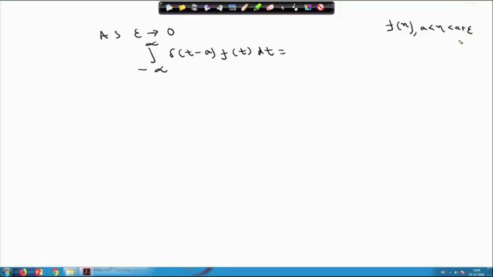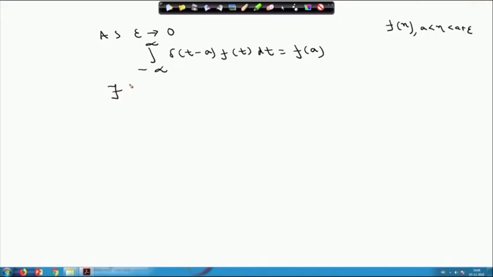Whenever epsilon approaches 0, eta will approach a, so you obtain f of a. So please note that as epsilon approaches 0, the integral from minus infinity to infinity of delta (t minus a) f(t) dt equals f of a.